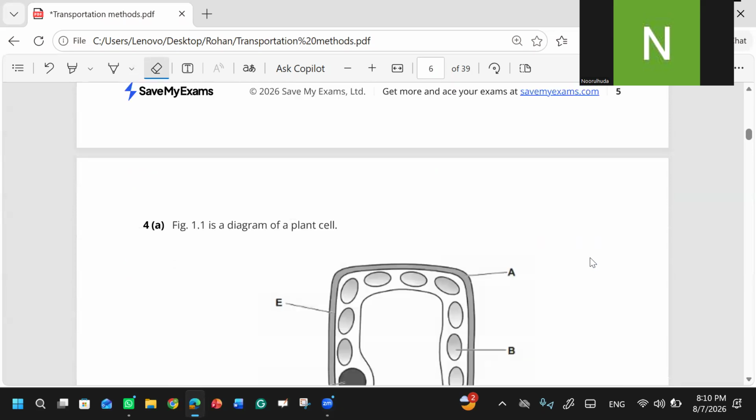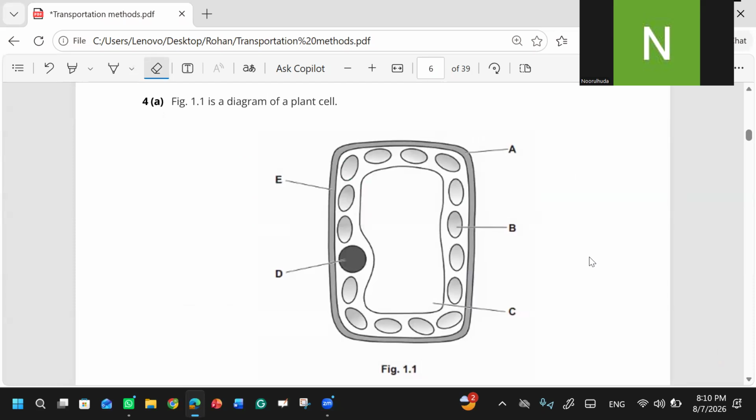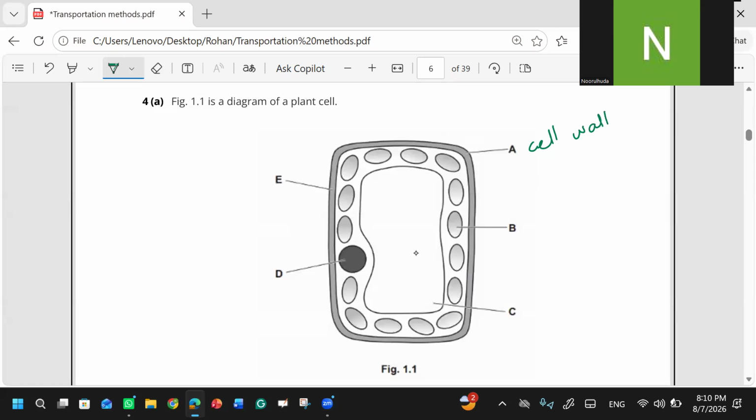Good. Next, we have to label these things. What is A? A is the cell wall. B is the chloroplast.